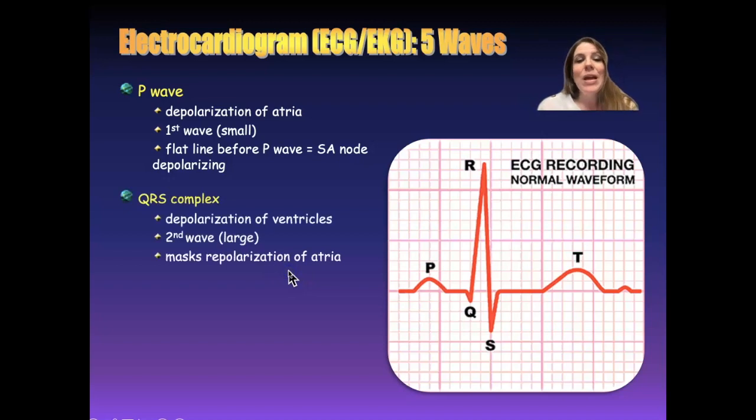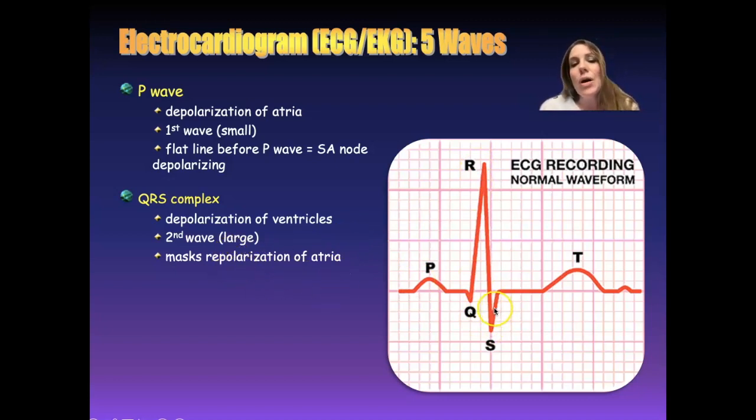Now, next, you have a flat line, and then it goes down to what we call the QRS complex. So it dips down to Q, way up to R, and then way down to S. That together is the QRS complex. So it's very large.